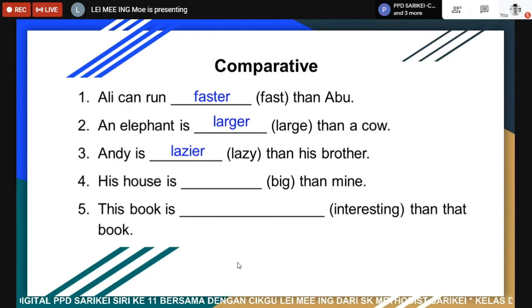Now, question number 4. His house is then mine. So what is the comparative form for big? Can you please type down your answer now? 5, 4, 3, 2, and 1.